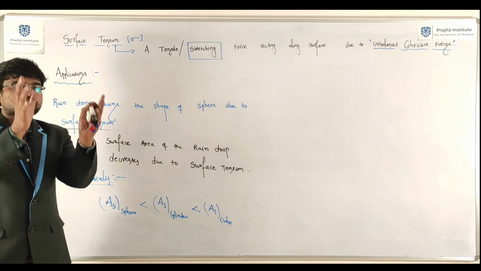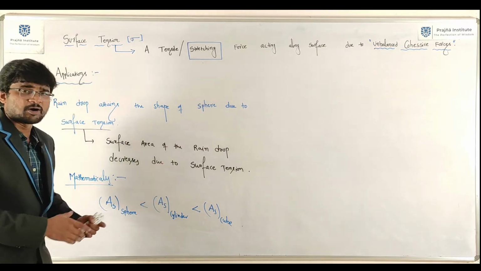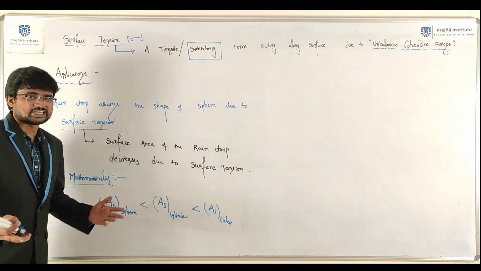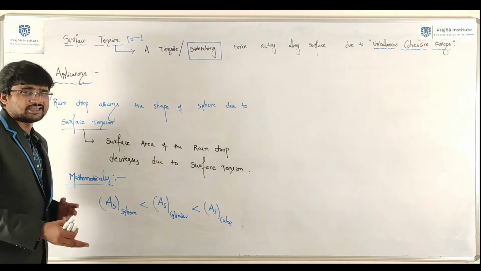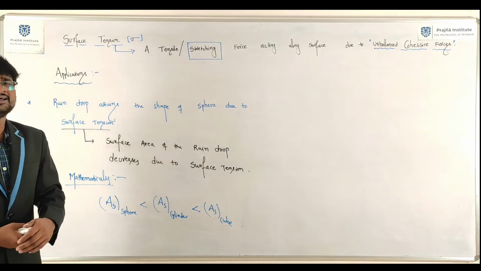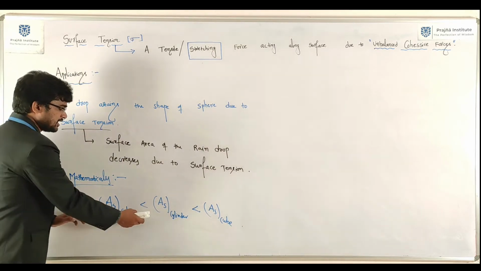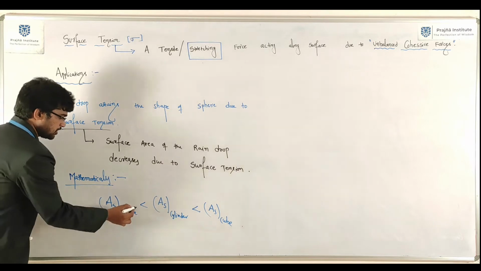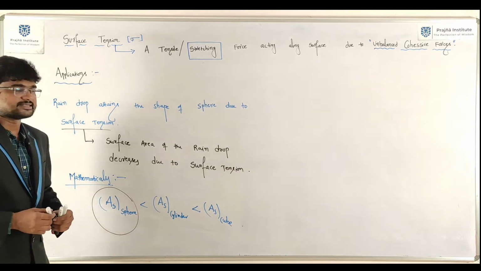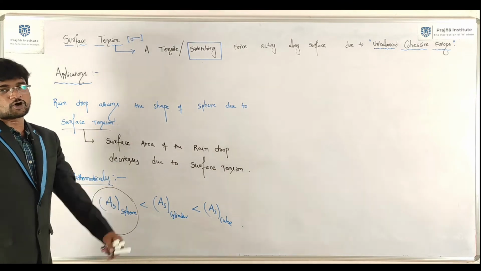All forces are acting, so it decreases the surface area of the raindrop. Among these three shapes, we already know mathematically that the surface area of the sphere is less compared to the cylinder and cube. That is why a raindrop takes the shape of a sphere. That is the reason for spherical raindrops.